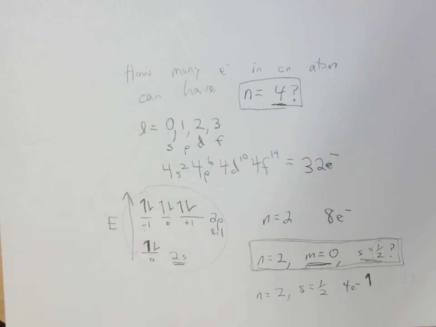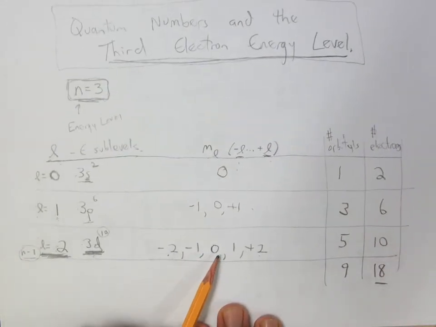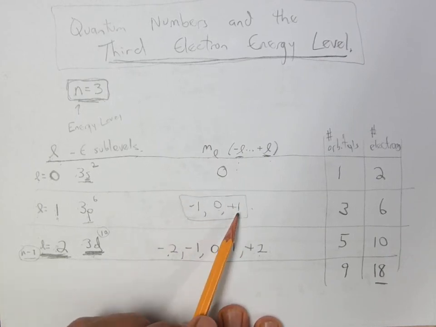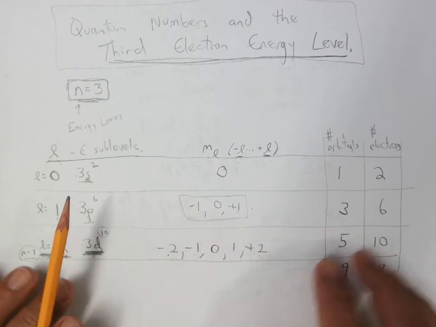And that's something really important that I tried to go over here: each m sub L value corresponds to a different orbital. So in a p sublevel, the 3 m sub L values are -1, 0, and +1, and each one of the 3 orbitals gets one of those labels.